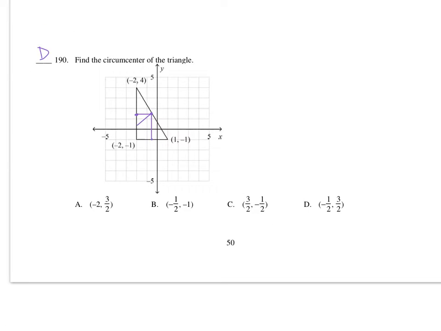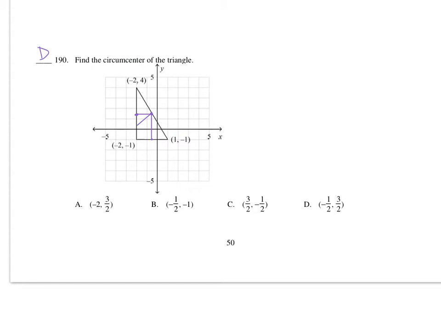Circumcenter of the triangle. This is all that vocab. So the circumcenter is where what meets? What type of segment meets at a circumcenter? So there was medians, there's angle bisectors, there was perpendicular bisectors, and there was altitudes.